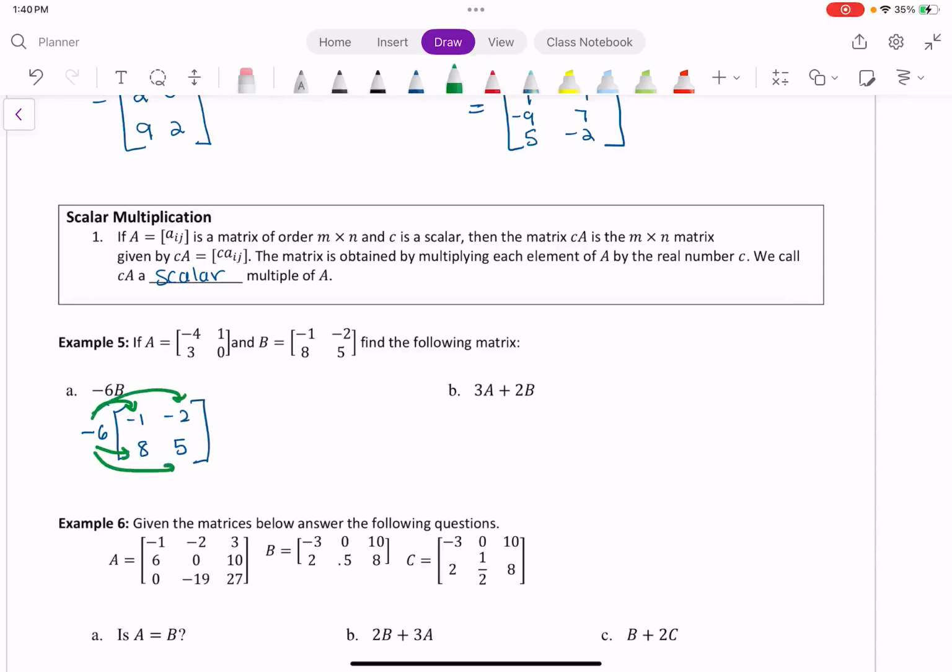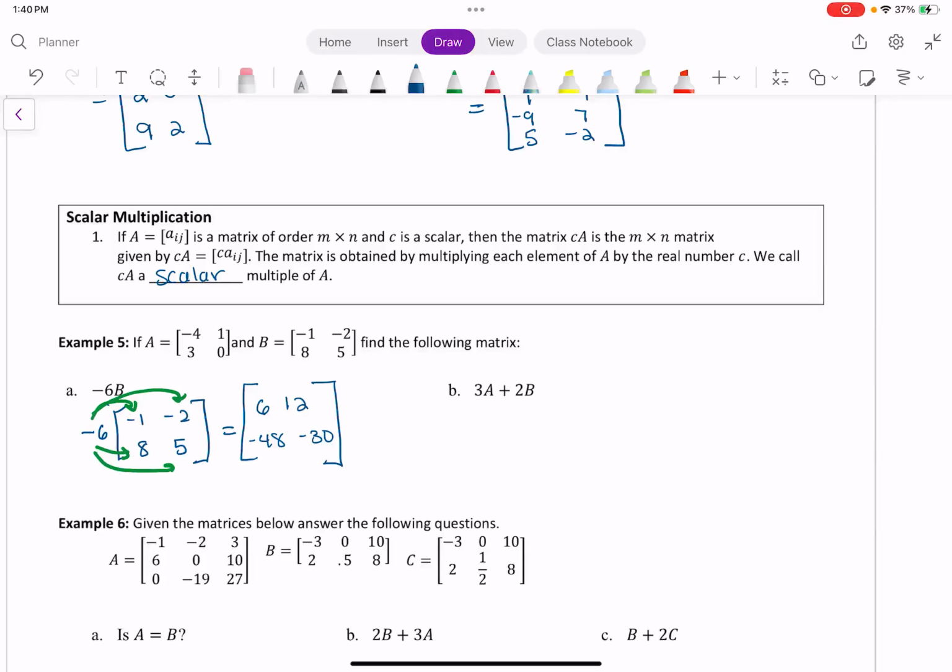So we're going to essentially do 4 multiplications. -6 times -1 gives us positive 6. -6 times -2 is 12. -6 times 8 is -48. And -6 times 5 is -30. Don't forget to put your brackets around this. And that is your resulting matrix.